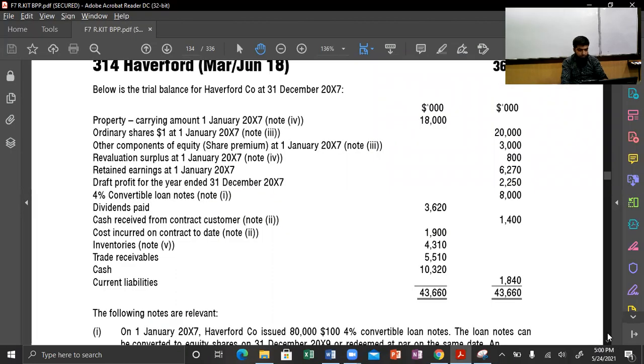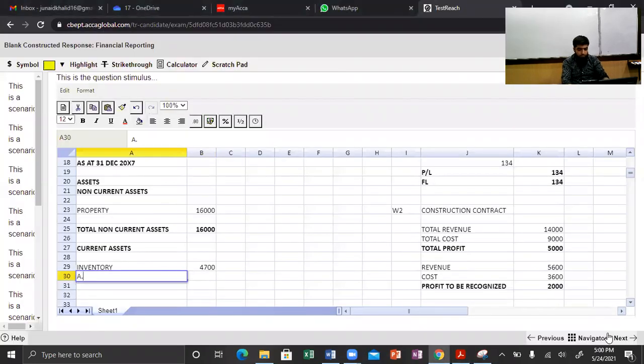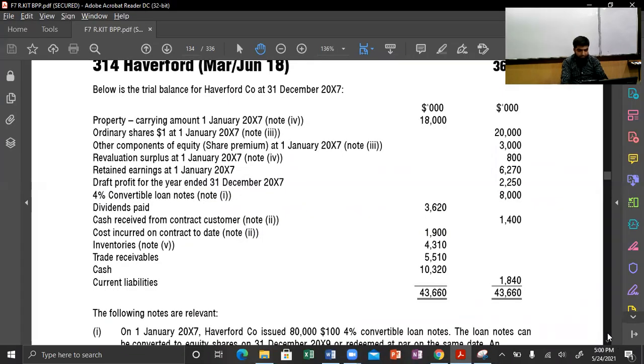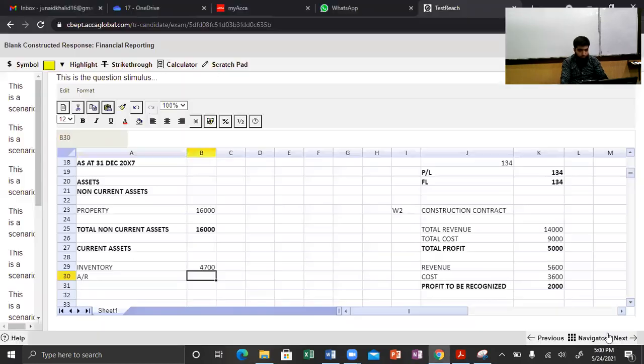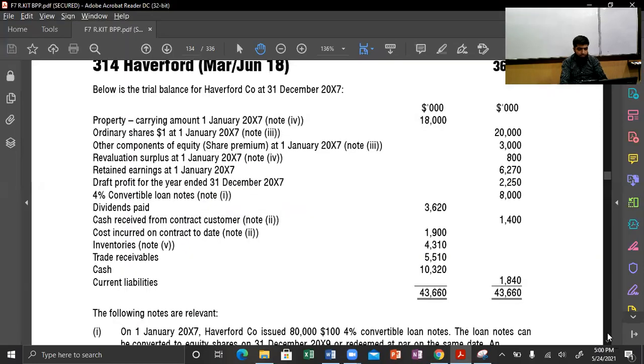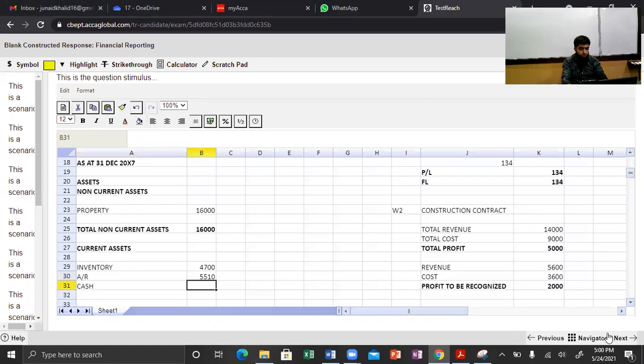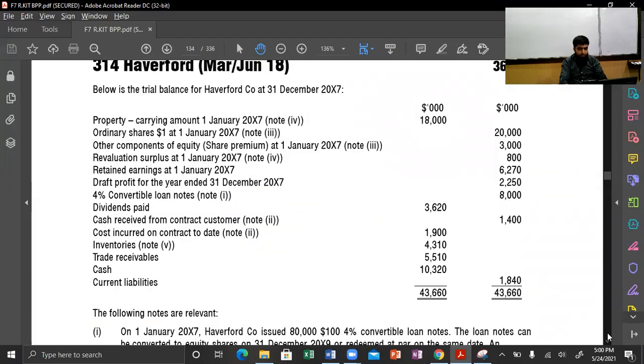The other asset we have is account receivable, or the trade receivables, and the amount of trade receivables is 5510. Another asset we have is the cash, 10320. And is there any other asset?